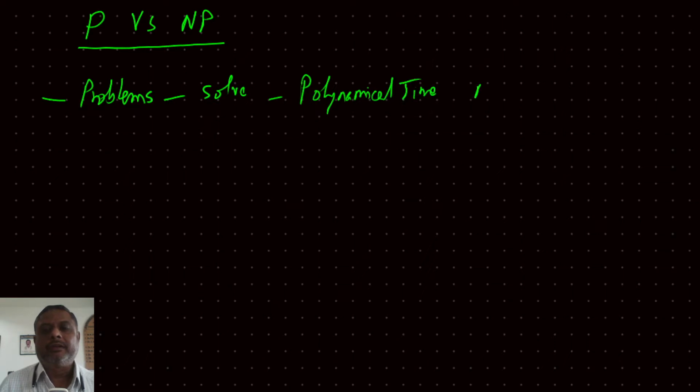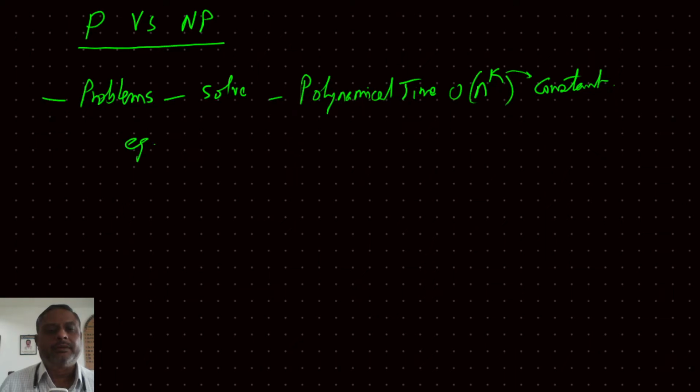That is, if you have n variables, then some order of n to the power k, where k is a constant, that is, it is independent of n. There are many problems which can be solved in polynomial time.